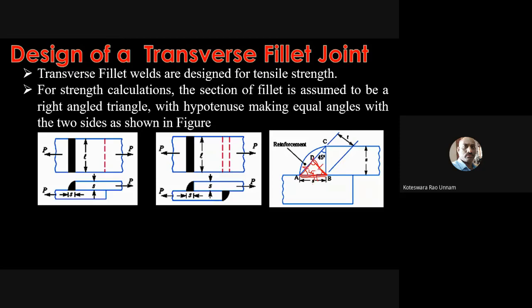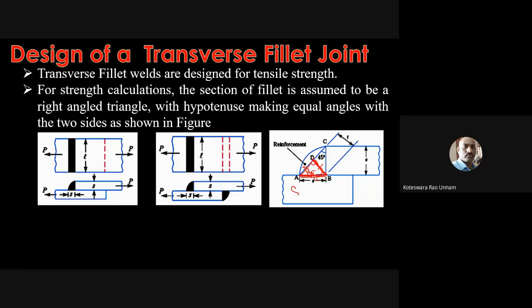Now if I want to estimate this T value, I can use the tan 45 formula, or else I can use the sin 45 formula also. If I take this angle, what is sin 45? Opposite side by hypotenuse.